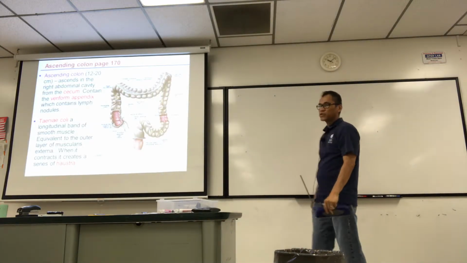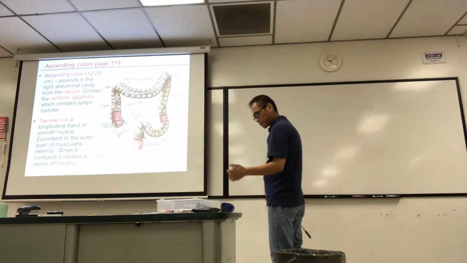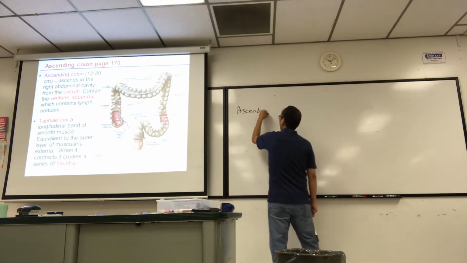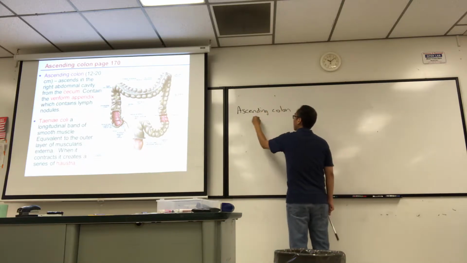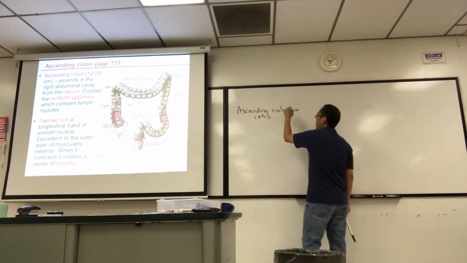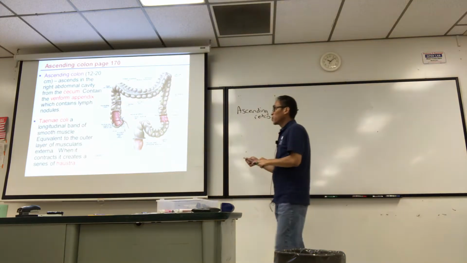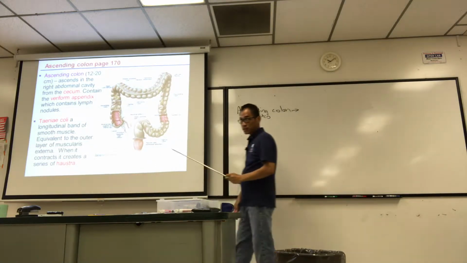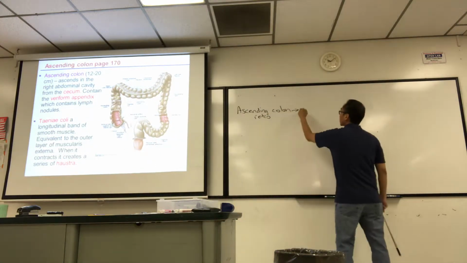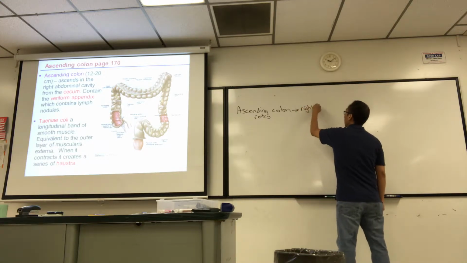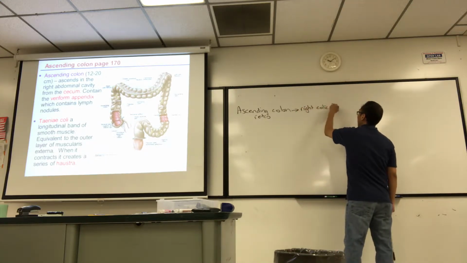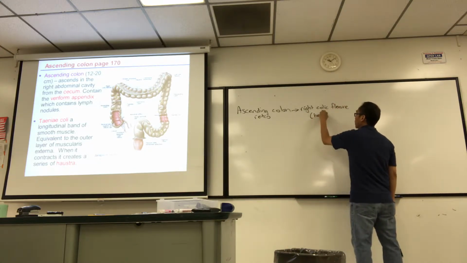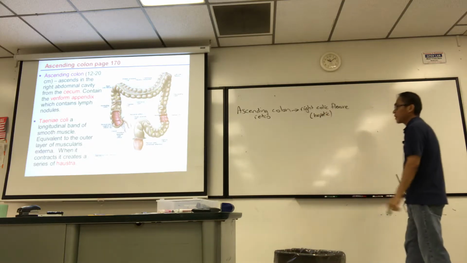It's for the most part retro. You get to the top and there's a flexure by the liver. So you can call it the right colic flexure as it's labeled here, or the hepatic flexure. It's on the right side. So I'll put hepatic in parentheses because it's also called hepatic flexure.